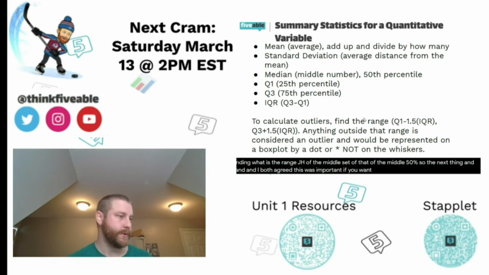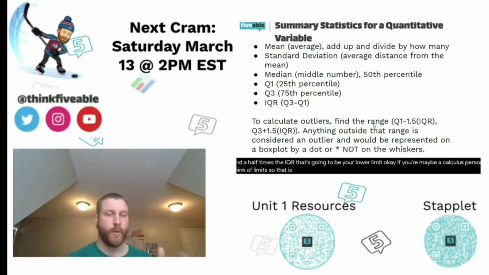If you want to calculate if something is an outlier, if you go back to that box plot we were just looking at, you're going to find the, I should have said interval here, not range. You're going to take the Q1 and subtract 1.5 times the IQR. That's going to be your lower limit, okay? If you're maybe a calculus person, think of limits.